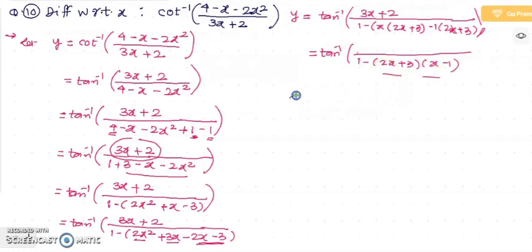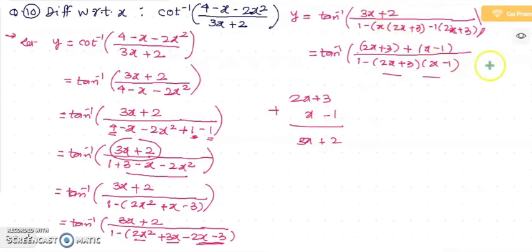See, 2x plus 3 added with x minus 1 gives you 3x plus 2. So if you write these two together like this, 2x plus 3 plus x minus 1, what is that going to be? It is 3x plus 2, which is there in the original numerator. So that's what we do here.